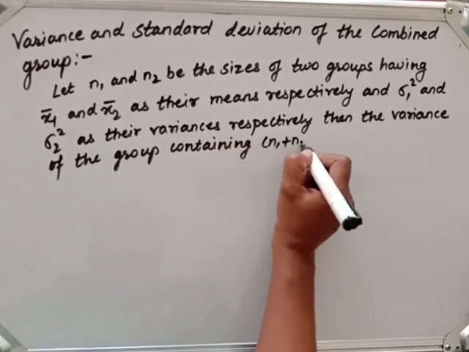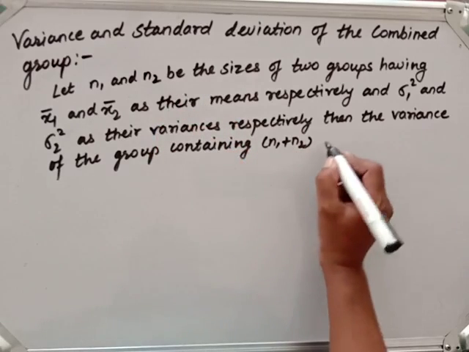Which one? N1 plus N2, means we are combining them. N1 plus N2 observations.